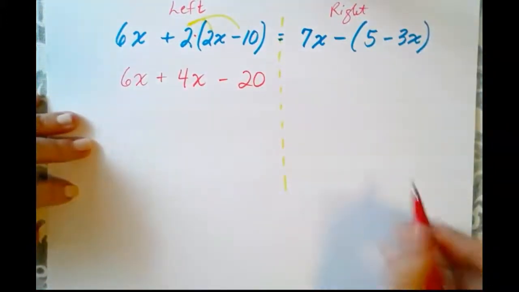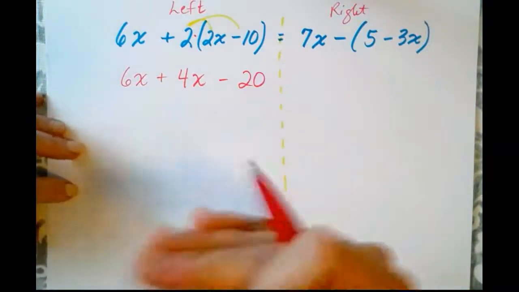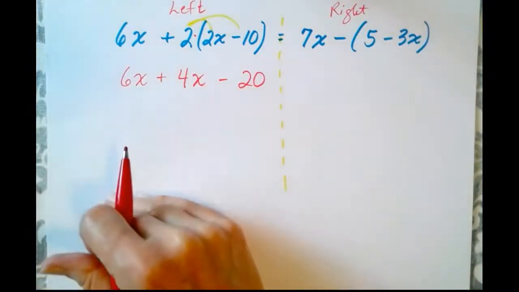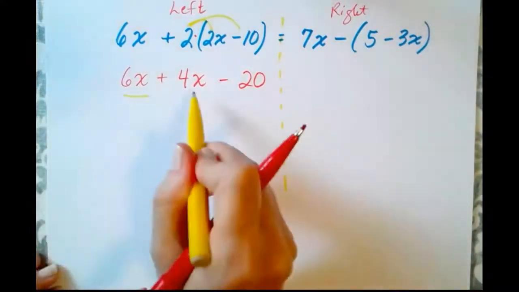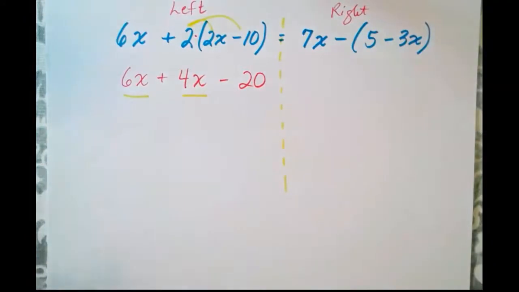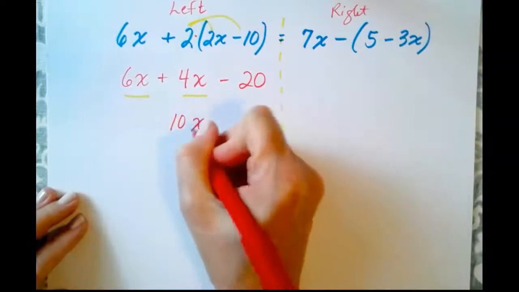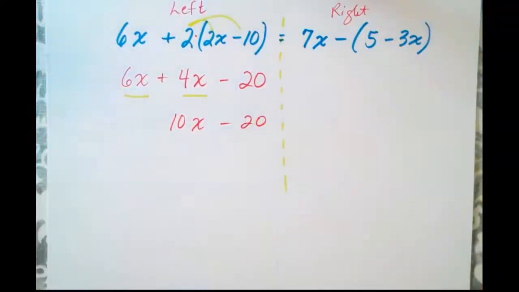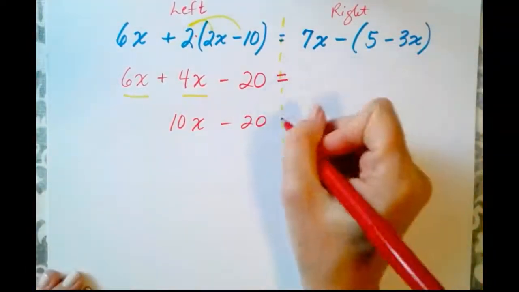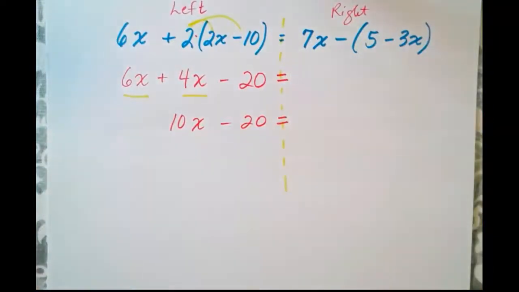That's what we get when we distribute the 2 through. We're following order of operations here. We're going to keep going, and we are going to combine the like terms here on the left-hand side. 6x plus 4x is 10x minus 20. So we have tidied up that left-hand side as much as possible. We need to do the same thing on the right.